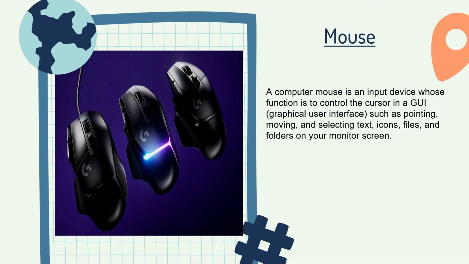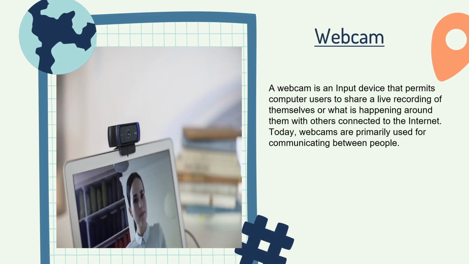The second is mouse. A computer mouse is an input device whose function is to control the cursor in GUI, graphical user interface, such as pointing, moving, and selecting text, icon, files, and folder on your monitor screen. Then the last one is webcam.